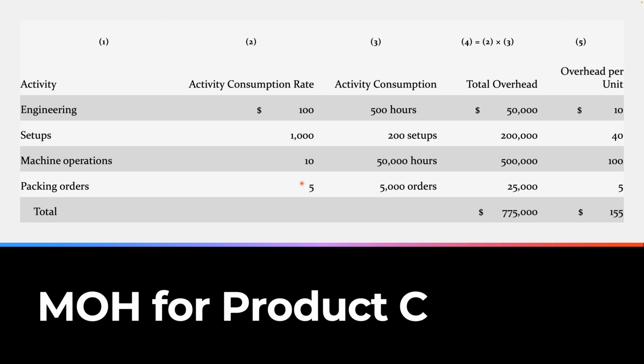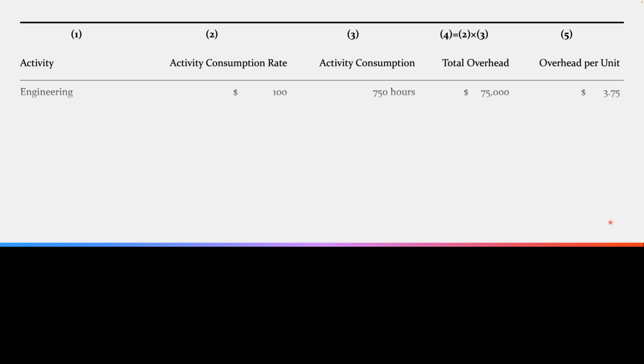And then packing orders of $5 an order multiplied by 5,000 orders is $25,000 or $5 a unit. This all totals to $775,000 in indirect costs or manufacturing overhead that should be allocated to product C, or an overhead cost per unit of $155. Let's contrast this or compare it to product B.